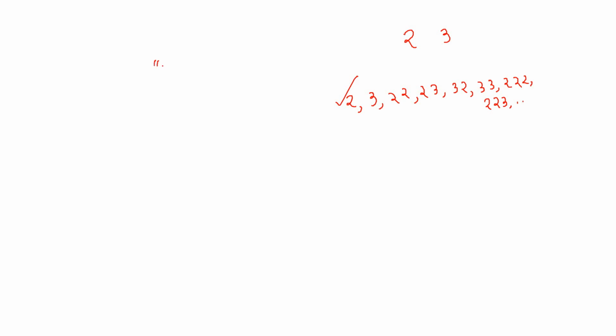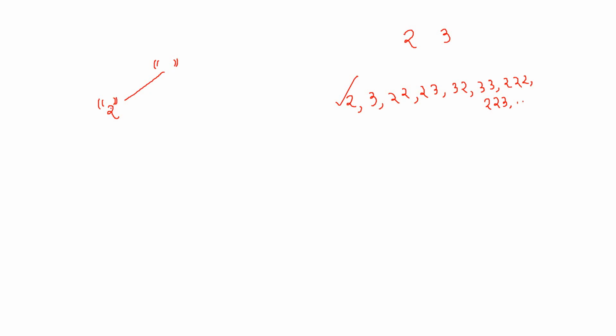Suppose we consider one empty string. This looks like one string with space, but consider this as an empty string. Now what can we do with this empty string? Suppose we append or concatenate 2 with this empty string. So basically the new string will be 2.